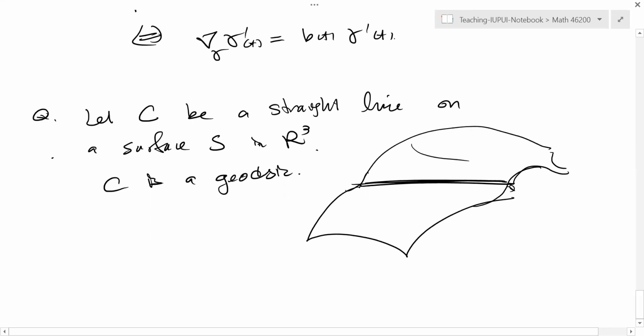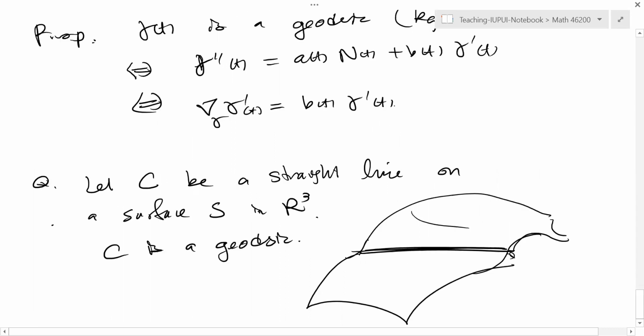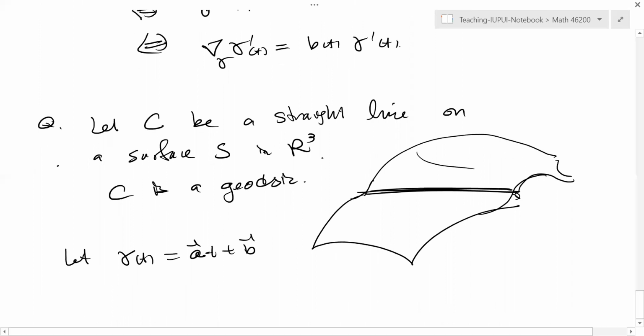How do you prove that? The geodesic curvature must be 0, so you just need to verify one of these two conditions. Let gamma(t) be a straight line, so it's a vector A t plus vector B. The straight line can always be parameterized like that.